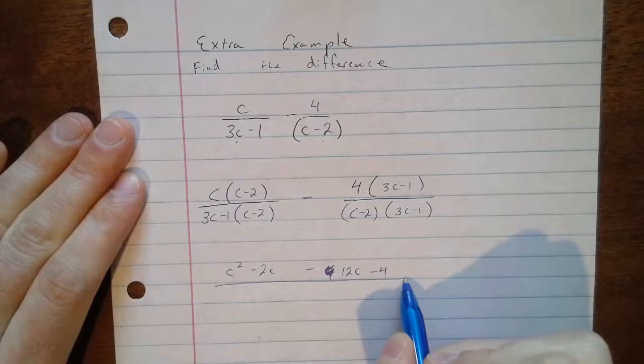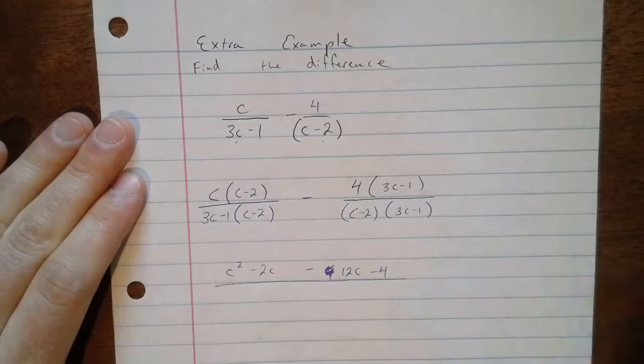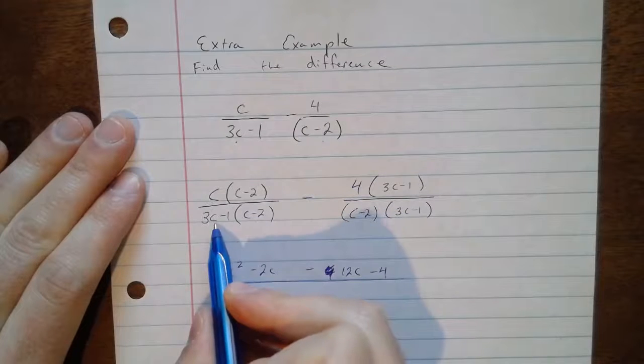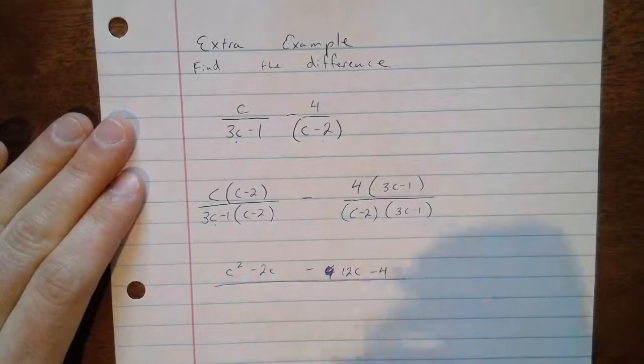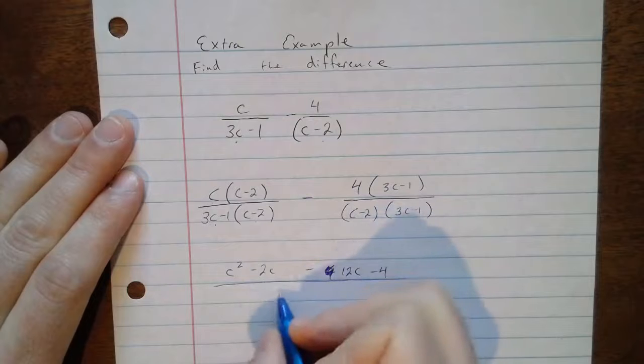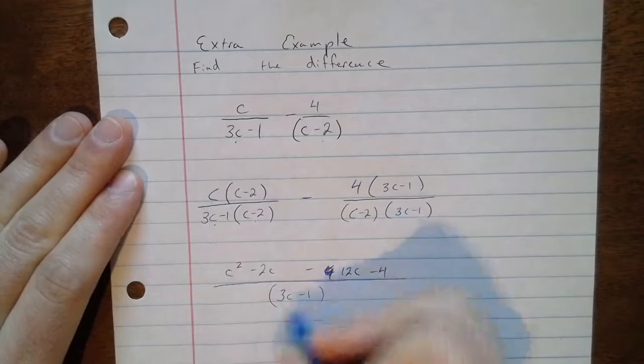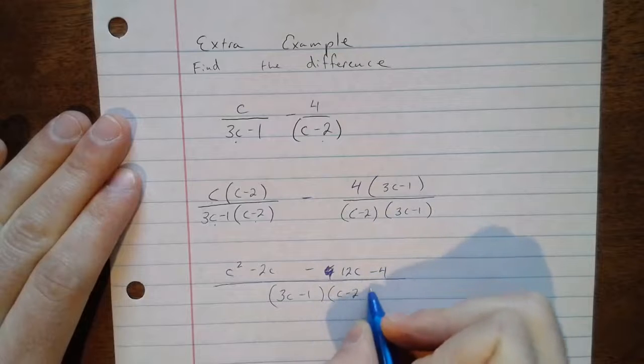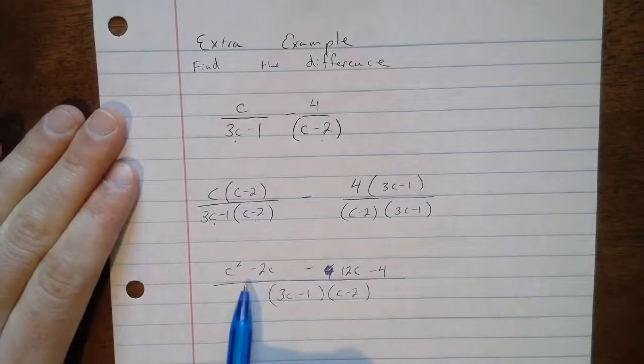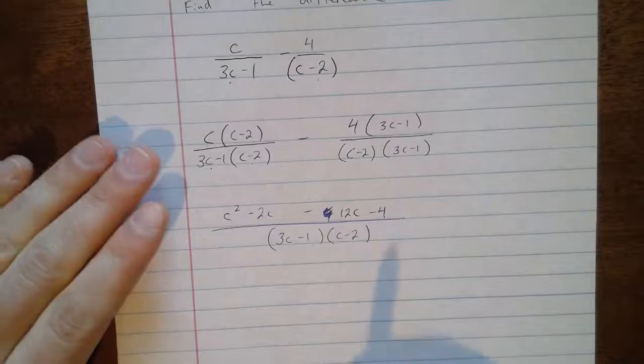And on the bottom, again, no need to actually FOIL this. We're just going to leave it as is. You can see c minus 2 and 3c minus 1. It doesn't matter the order of the terms, so I'm just going to write it as 3c minus 1 in one binomial times c minus 2 in another. Now on top, there's definitely some simplification that can be done.